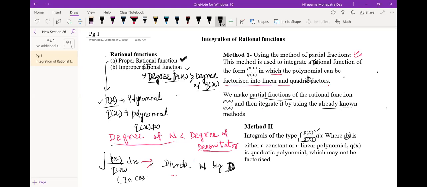In case the degree of p(x) is greater than or equal to the degree of q(x).